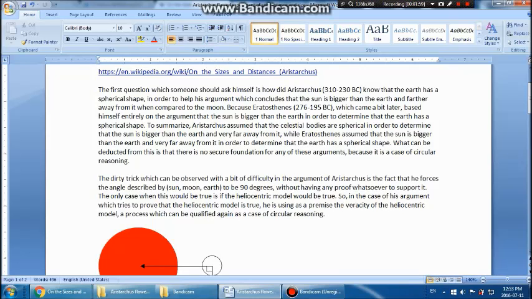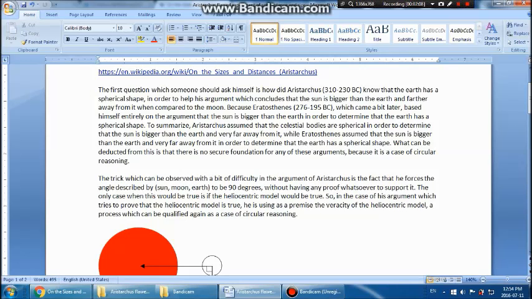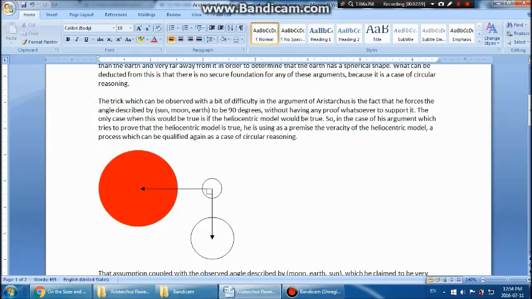So coming back to Aristarchus' argument, we can see that the trick which he used, a trick which can be observed with a bit of difficulty in his argument, is the fact that he forces the angle described by the sun, moon and earth. So this is the sun, the red one, the moon is between the earth and the sun, and the earth is at the bottom here in the diagram.